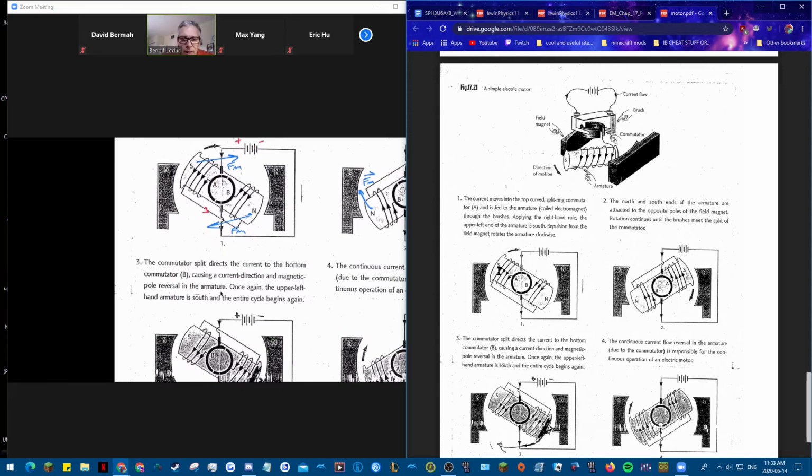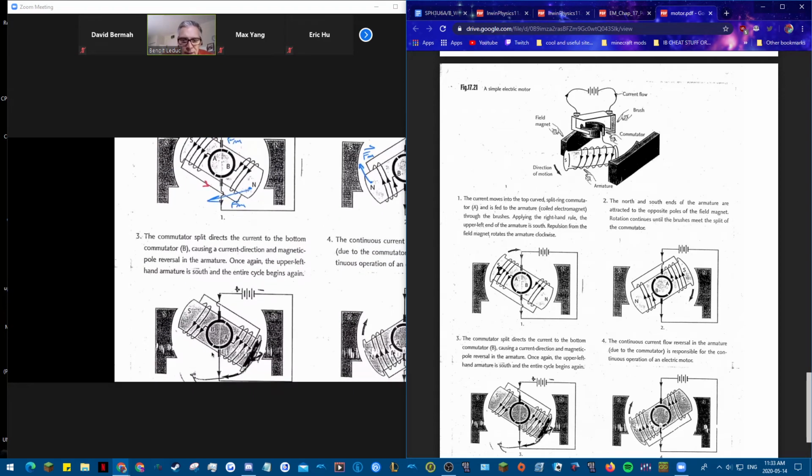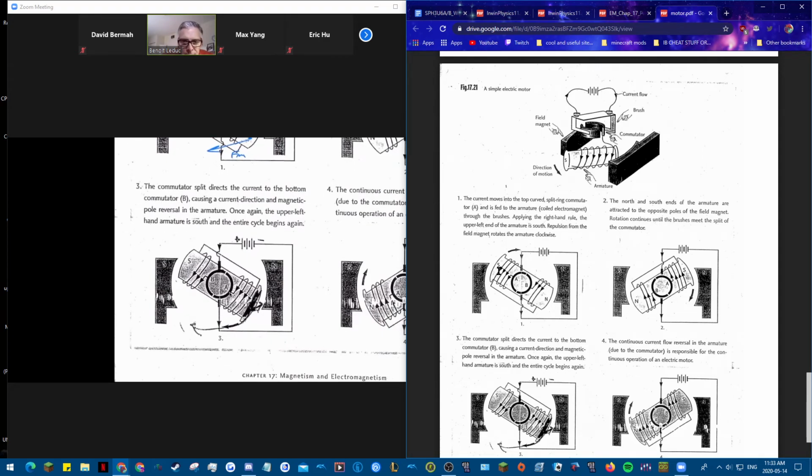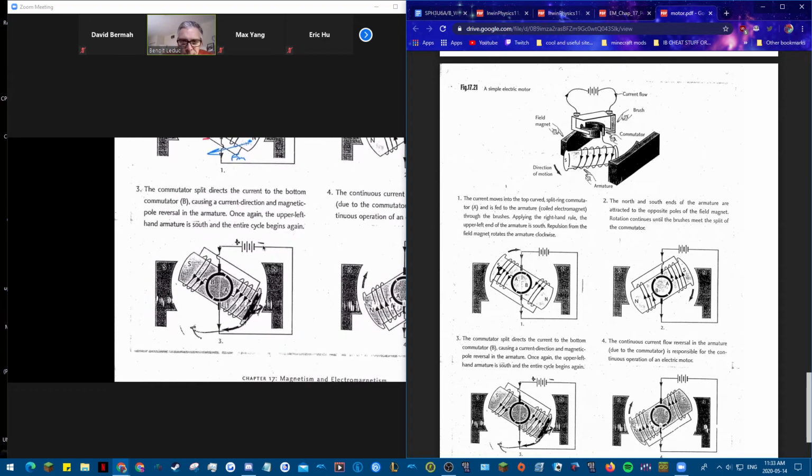Now, when it's gone past the horizontal, the A side is now connected to the negative terminal, and the B side is now connected to the positive. So what happens here is that the current in the coil will change direction. So remember, this was south here, but now since the current has changed, it has become north.